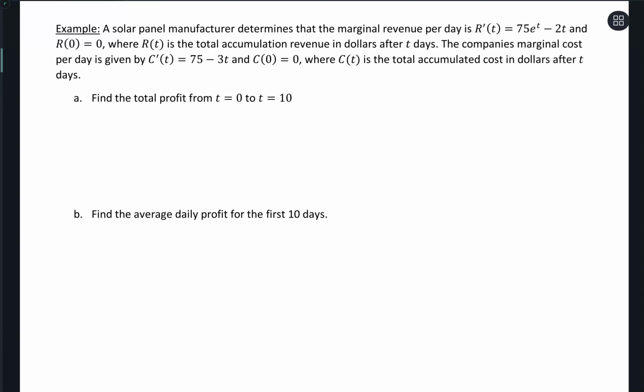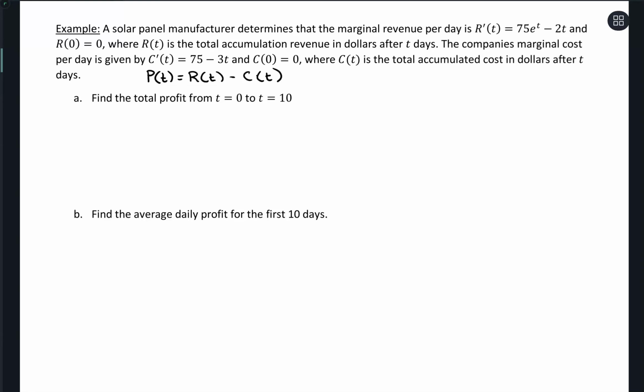So, a few different ways we can go about this. But what we want to end up with, since we're evaluating the total profit from t equals 0 to t equals 10, what we're going to need is a profit function. So profit is calculated by taking revenue minus cost. So with that, we need our revenue and cost function, so we're going to need to use some antiderivatives here.